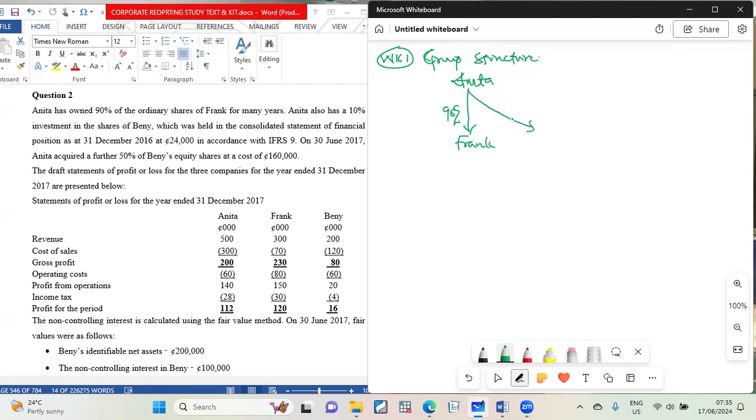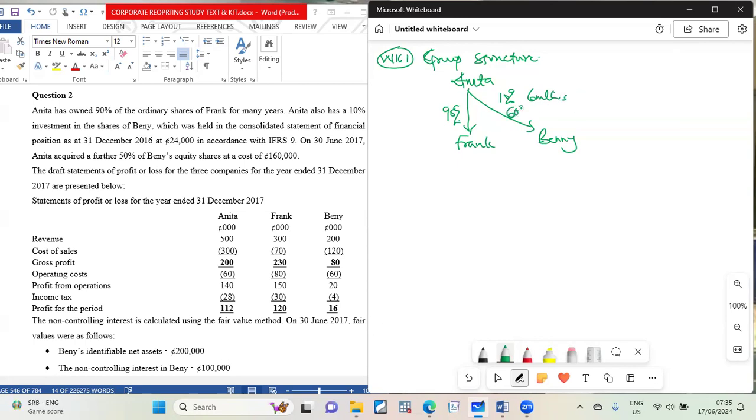Immediately control is attained, we are doing acquisition accounting. So Benny, what happens? Here we have 10%, and for how many months? For 6 months, right? Yes, they've had that. So in the current year, the 10% goes for 6 months.